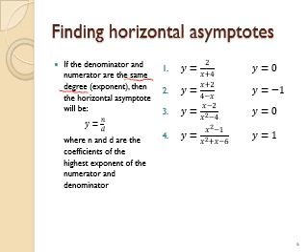Problem 2 is x to the first power on top, and x to the first power on the bottom. So yes, those are the same degree. They're both first degree. That means we need to look at the coefficients. The coefficient is the number in front of the variable, and it looks like there is no number there.